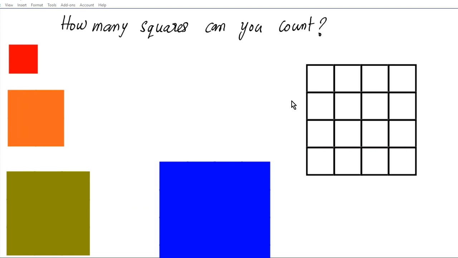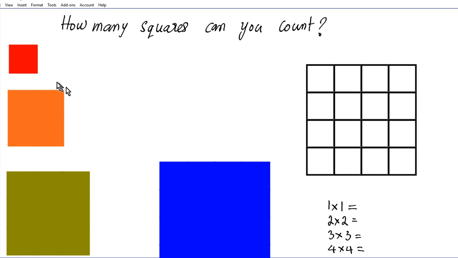Okay, so we're going to be looking at the total number of 1 by 1s, and then the number of 2 by 2s, and then the number of 3 by 3s, and then the number of 4 by 4s. So what we'll do is simply add up the total that we have for each of these squares, and then that will tell us the total number of squares that we have.